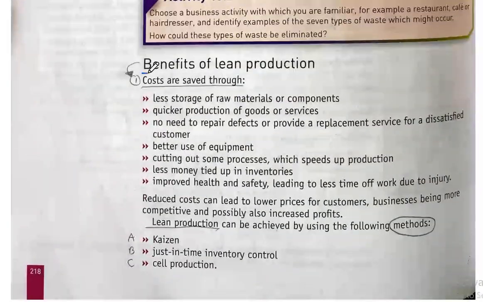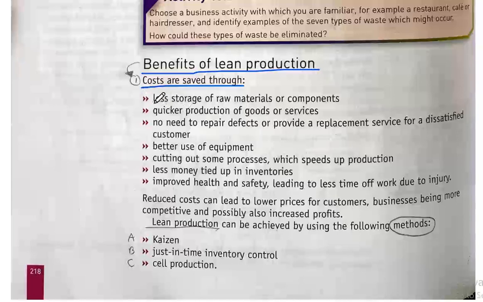So what are the benefits of lean production? The first one is eliminating cost or cutting down cost, or costs are saved. So how can lean production save money for the factory or reduce the cost?